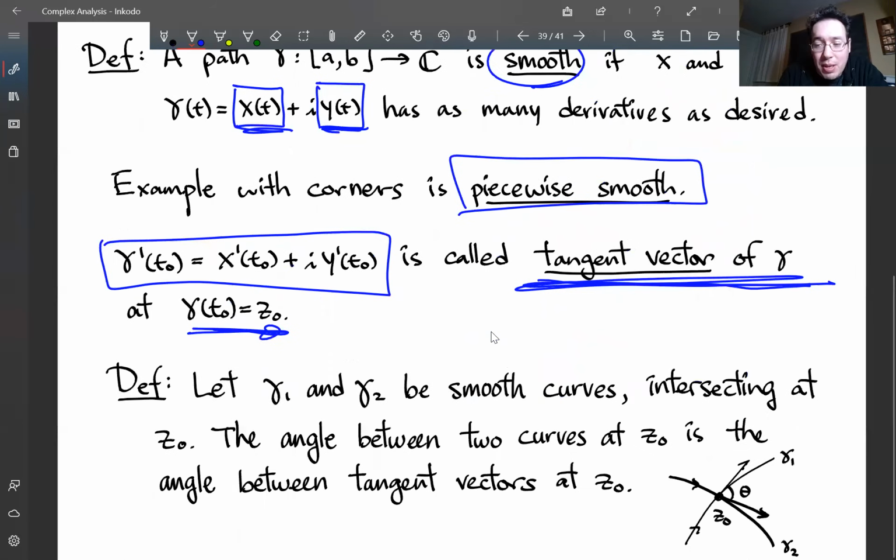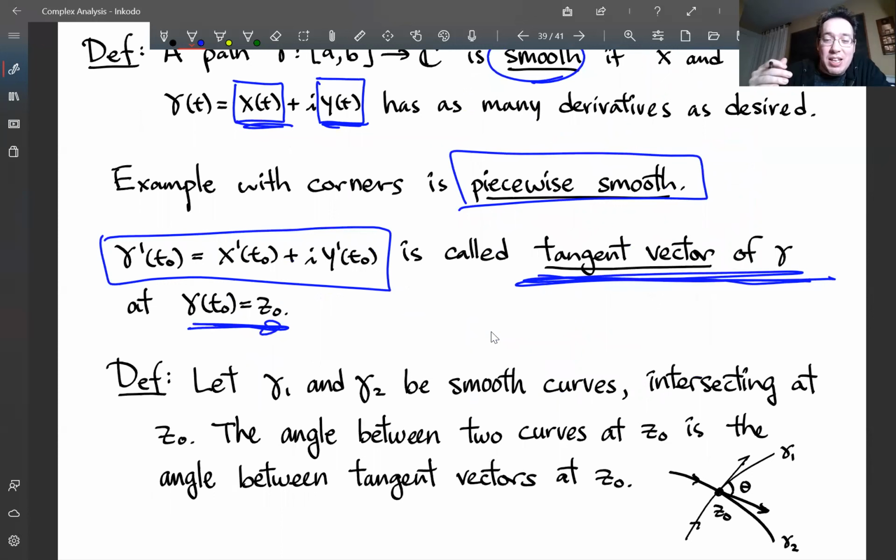Okay. All right. Now we're ready to formalize what it means to have the angle of intersection of curves. Let's say you have 2 smooth curves, gamma 1 and gamma 2, intersecting at some point z naught. We say the angle of intersection between the curves at z naught is the angle between the 2 tangent vectors.